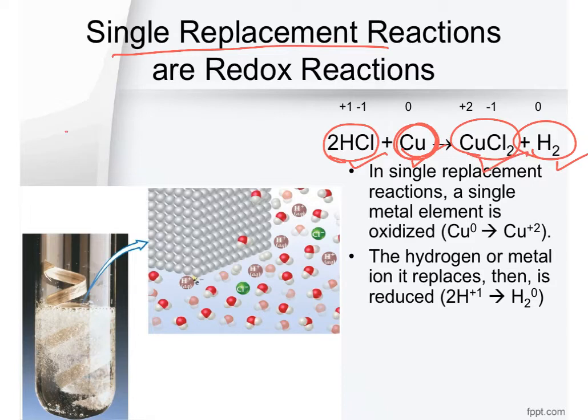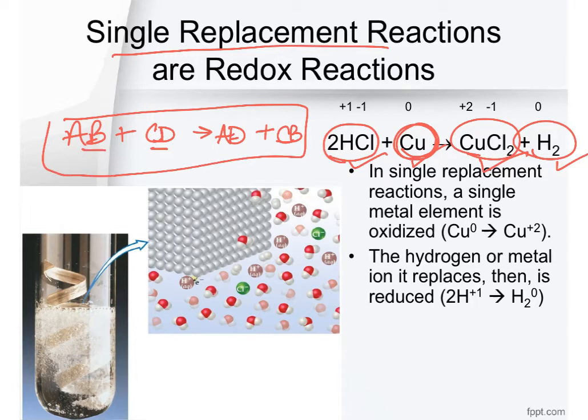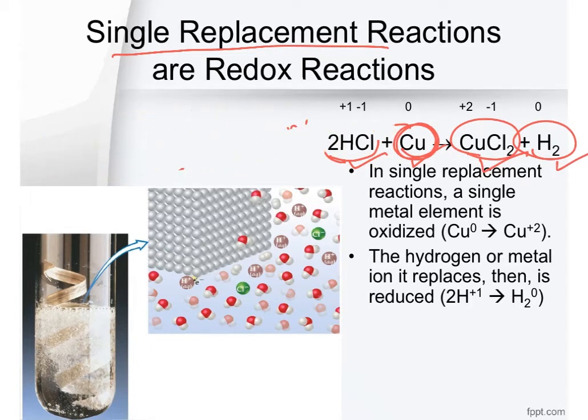Do you remember that double replacement was you started out with 2 ionic compounds and you ended up with 2 different ionic compounds? Single replacement is related in that these two switch partners, right? So anyway, single replacement reactions are always redox reactions.